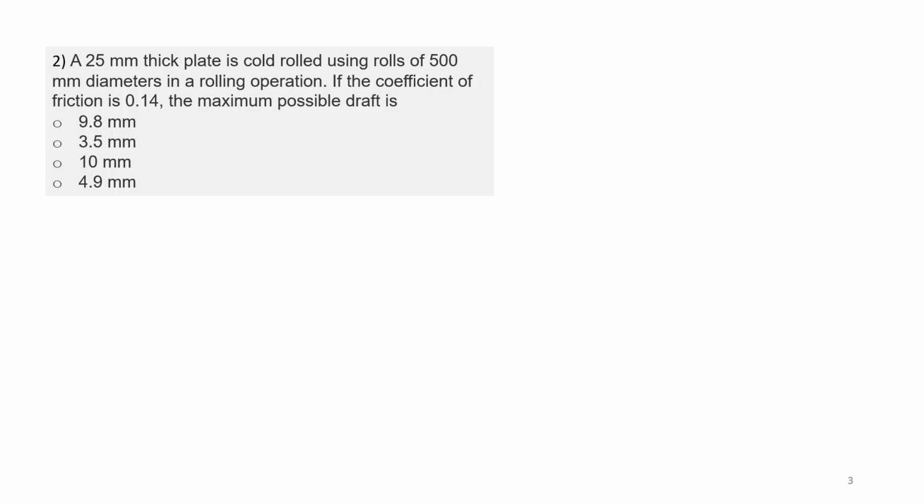The next question is: a 25 mm thick plate is cold rolled using rolls of 500 mm diameter in a rolling operation. If the coefficient of friction is 0.14, the maximum possible draft is. Your options are 9.8 mm, 3.5 mm, 10 mm and 4.9 mm.